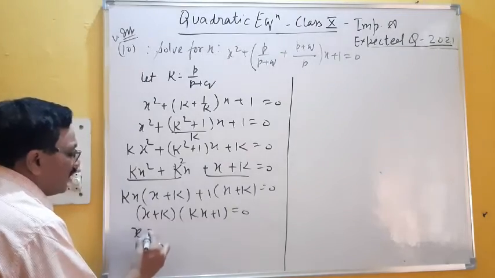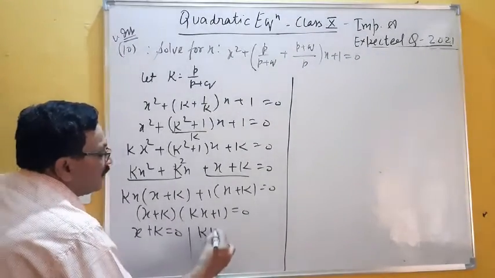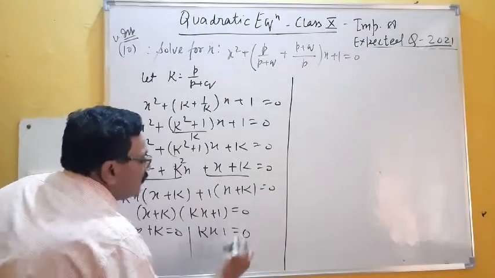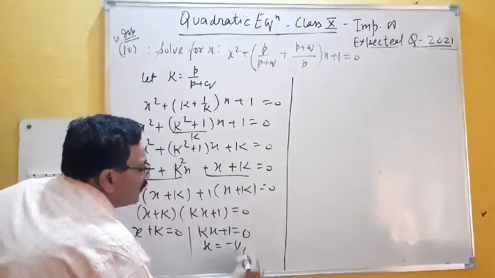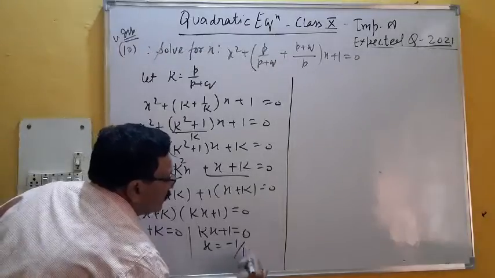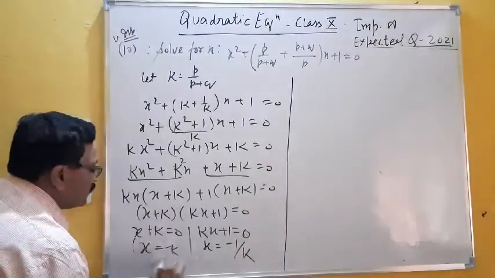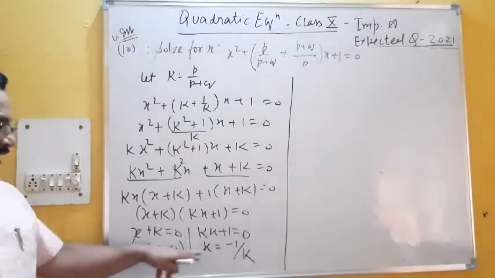Now you have x plus k equal to 0, kx plus 1 equal to 0, then x equal to here minus 1 upon k, and here x equal to minus k. Two values you are getting. One is x is equal to minus k and x is equal to minus 1 upon k.